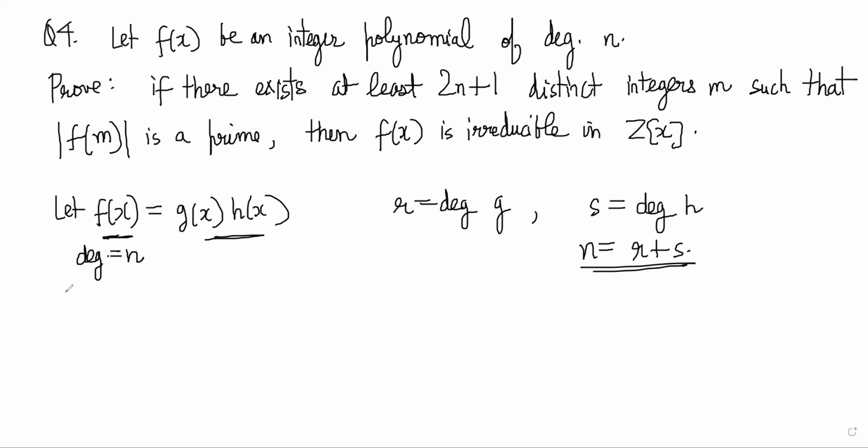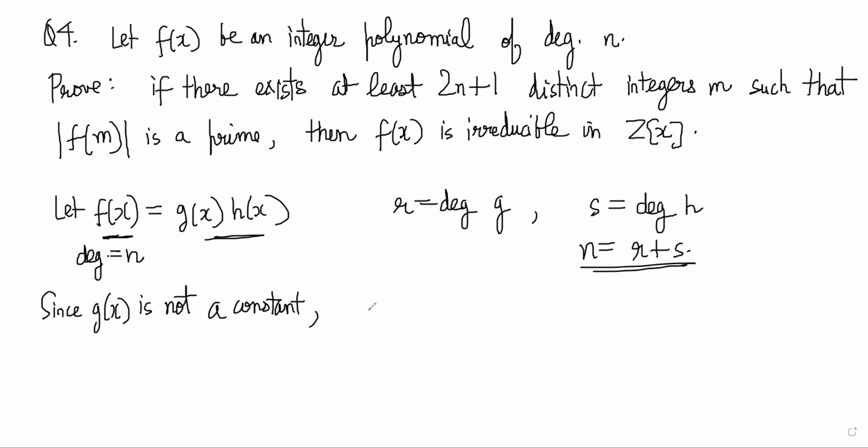Now we know that g of x is not a constant polynomial, because that would make this decomposition a trivial decomposition. If g of x is constant, then h of x is simply a multiple of f of x. We are not talking about such decompositions here, right?